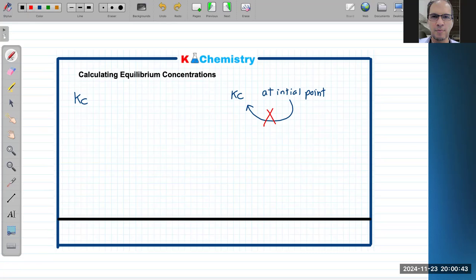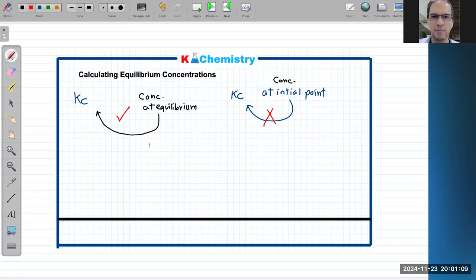So if I'm giving the concentrations at equilibrium, it is fine. Like in the video, I'm not sure if you saw the video. The Kc, I'm already taking the concentrations at equilibrium, so it is fine to calculate the Kc directly from it. If I am not at the equilibrium and at the initial point, I cannot use it to find the Kc. Otherwise, I will be calculating the Q, not the Kc.